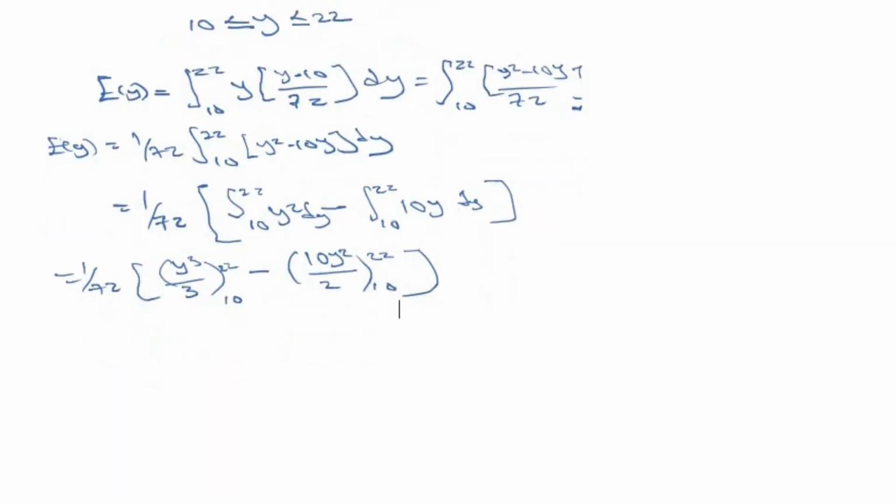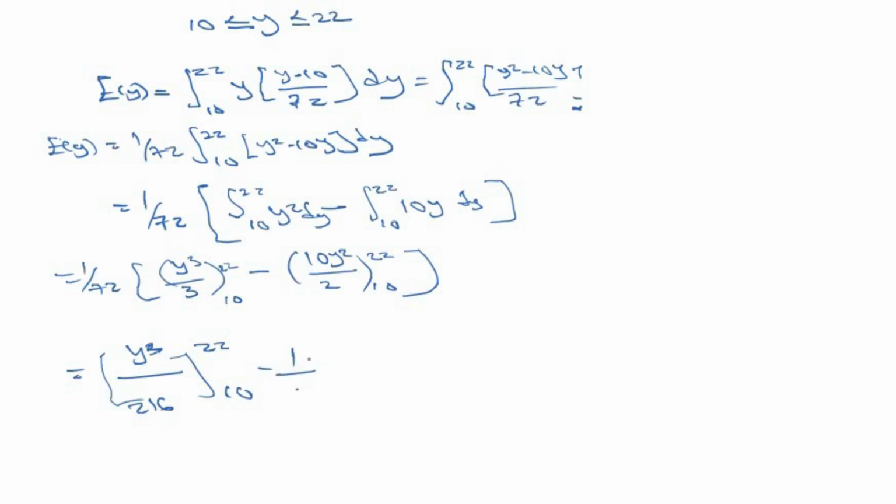Now substituting the upper and lower limits. Opening the bracket with this 72, let's expand it like that. We have y cubed all over 72 times 3, and 72 times 3 is 216, with limits from 10 to 22.